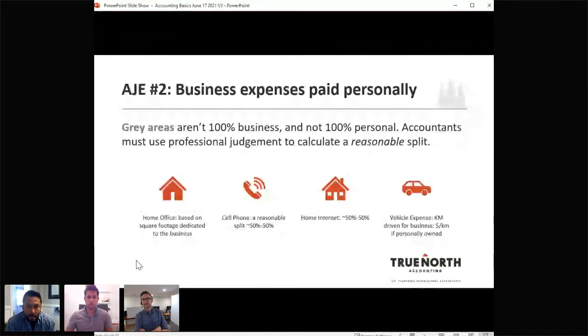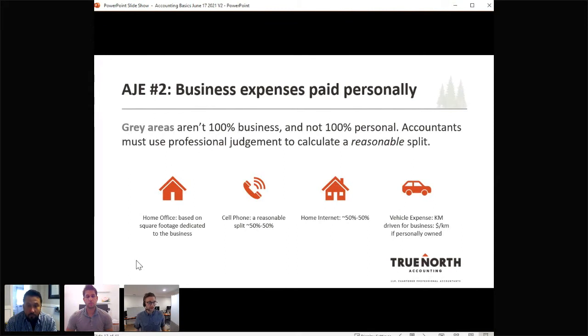It's based on square footage of your home office, which has to be dedicated office space. So usually it's a bedroom. It's easy if it's a 10 by 10 bedroom, so 100 square feet, and your house is 1,000 square feet. Then you get to write off 10% of your rent, or if you own the house, mortgage interest, utilities, property tax, insurance.